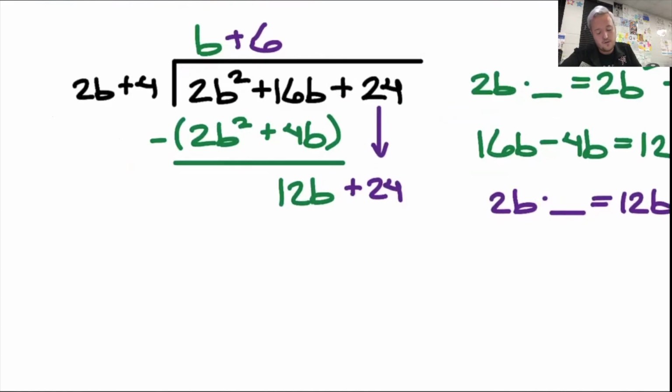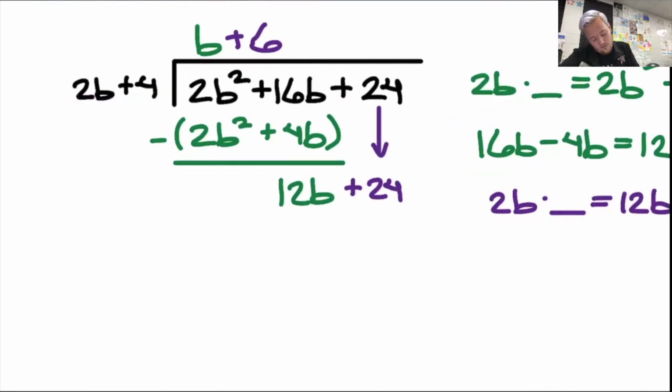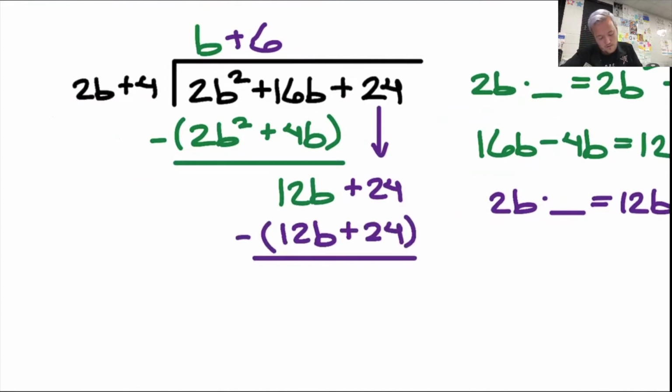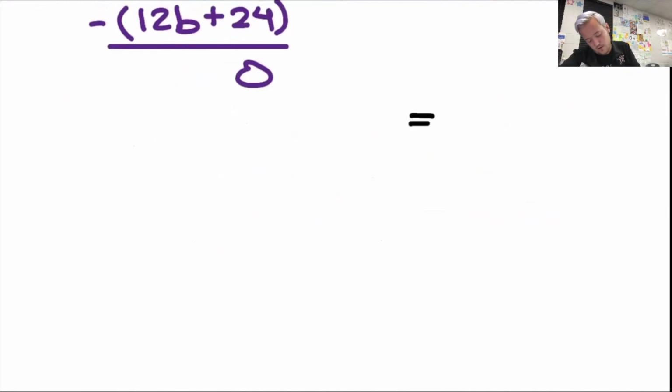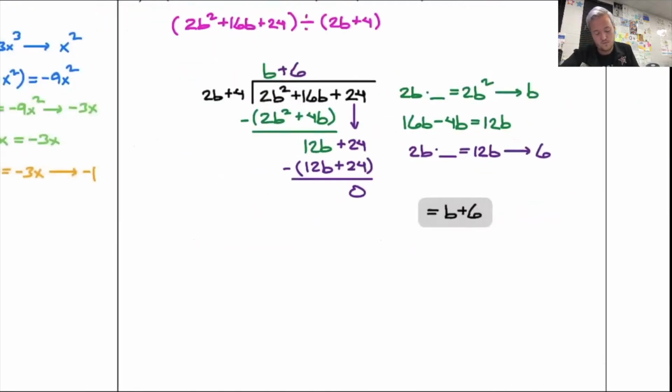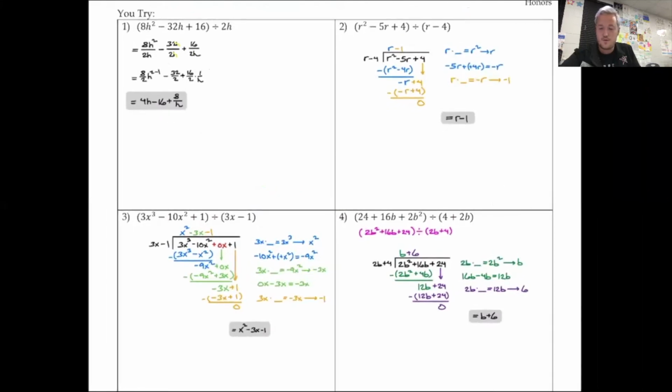So now I want to do 6 times 2b plus 4, which gives me 12b plus 24. So when I do my subtraction, we have the same binomials, which means we have no remainder. So our quotient here is b plus 6.